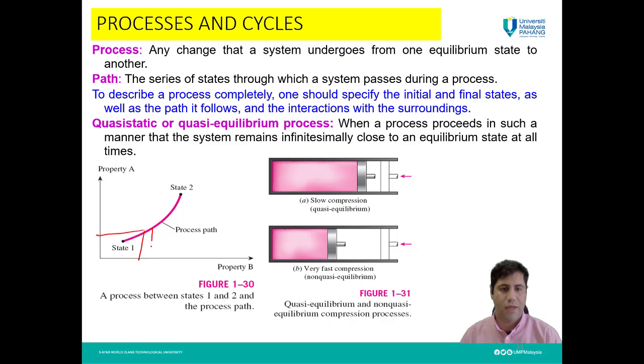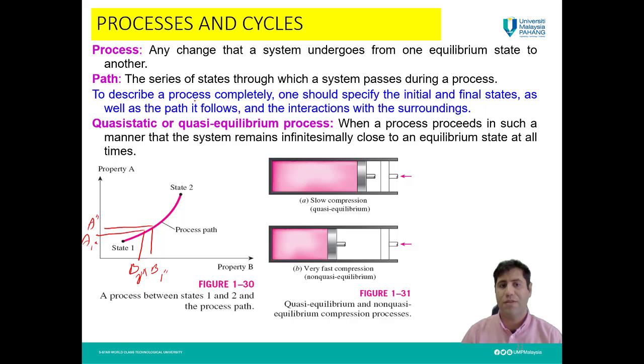Any point has B1, B1 star, and so on. We have some states in between too. Going from this state to state 2, the process happens and will go through all of these states. So the series of states through which a system passes during the process is the path of that process.